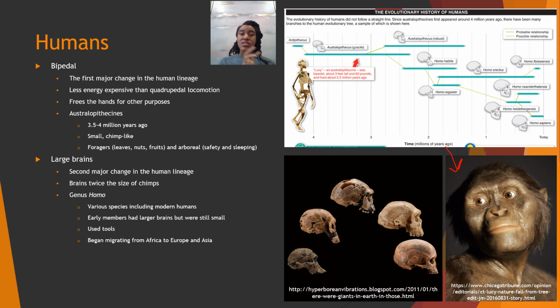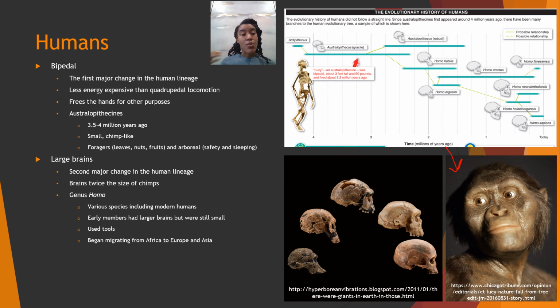The different species of humans all have different skull shapes and different brain sizes, with increasing brain size as we got closer and closer to present day.